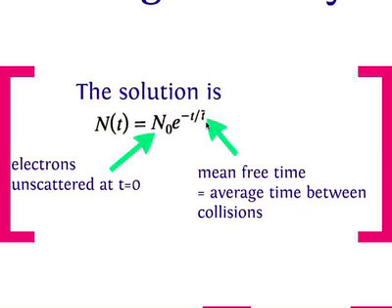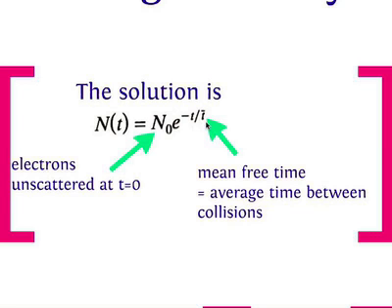Now if you plot this, so this time, this is n. You start at t equals 0 at some number n naught. It exponentially decreases, right? That's what this equation looks like.